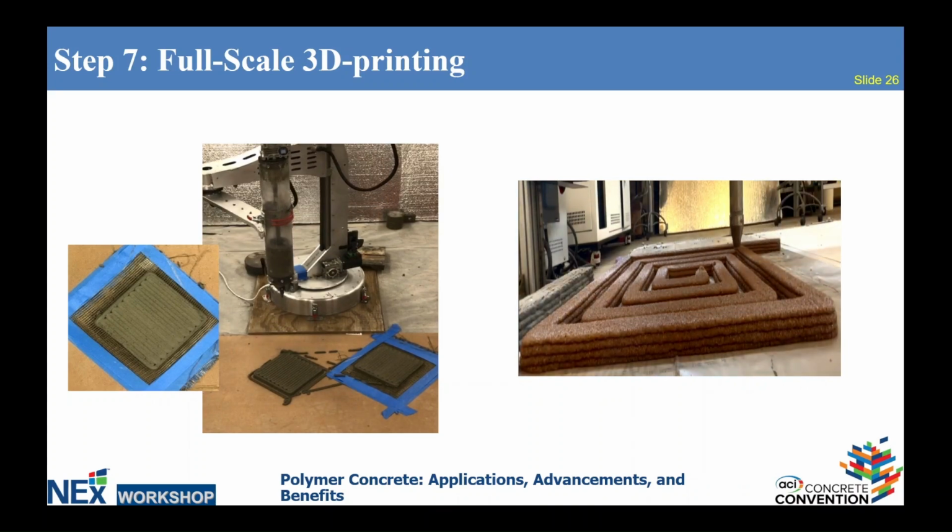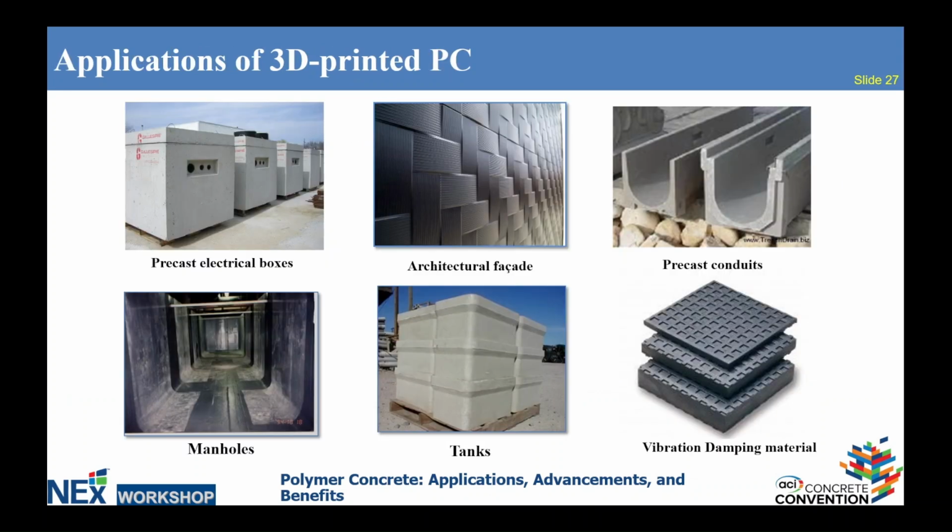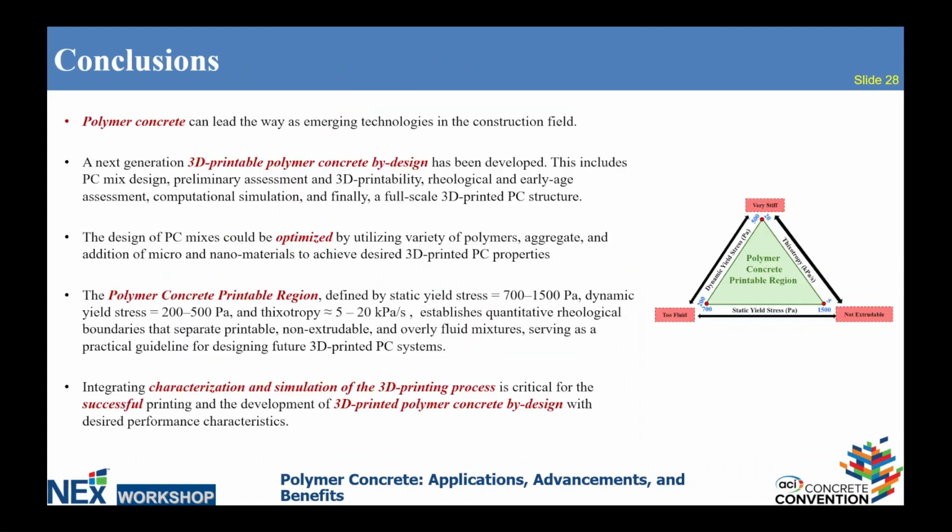So it's used in sensors. And now you all know the applications of 3D printed polymer concrete. We could use it in precast electrical boxes, architectural facades, tanks, manholes, vibration damping material, and in pipes and other precast elements.